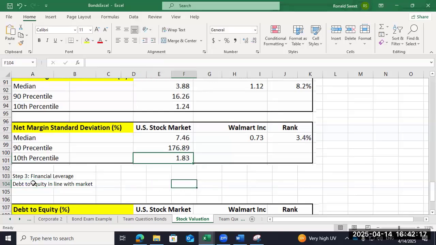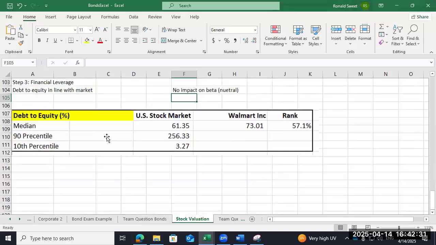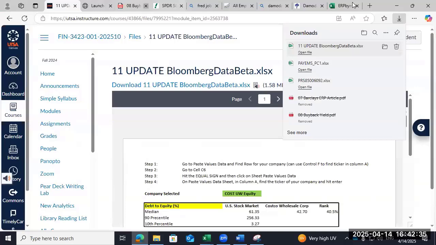So here I'm going to say no impact on beta. It's somewhat neutral. If they have high debt, it's going to push their beta up closer to 1. If they have low debt, it'll probably keep it down there pretty low. There's probably no impact.